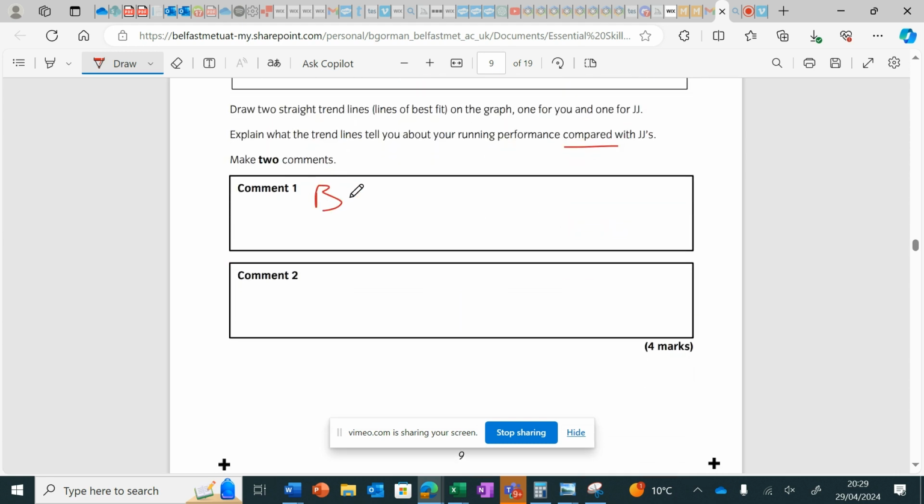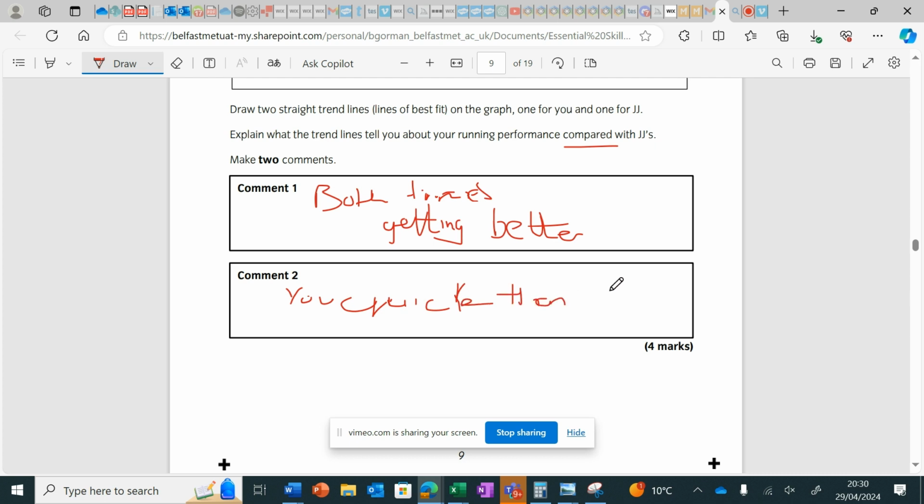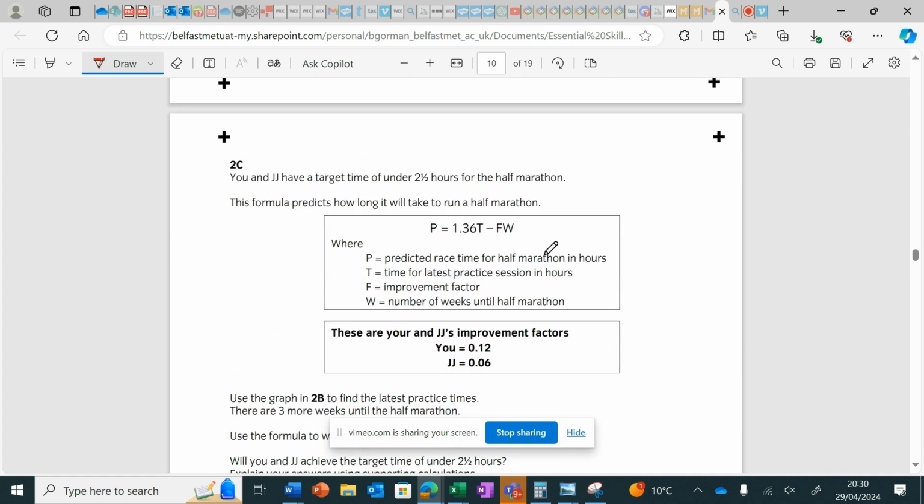So both times are getting better. You're getting quicker than JJ. So you have to give 2 comments comparing both people, not just one individual comment. You've got to mention the second person in each comment or the trend.